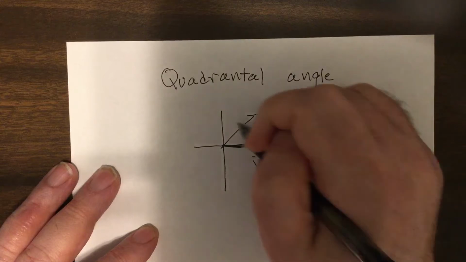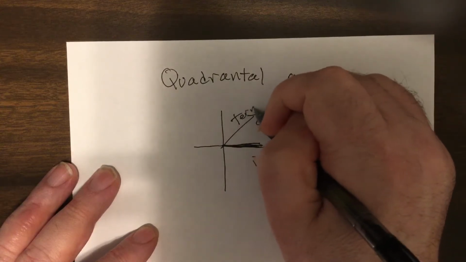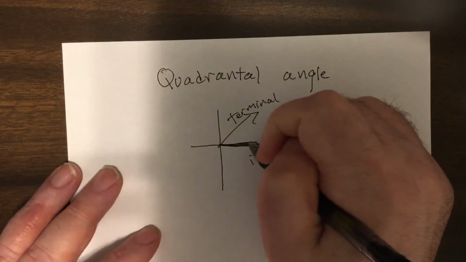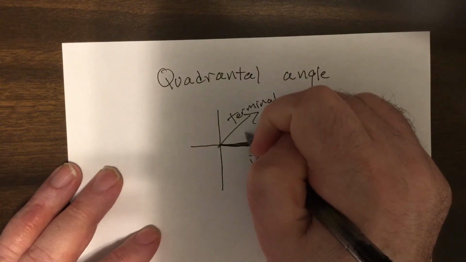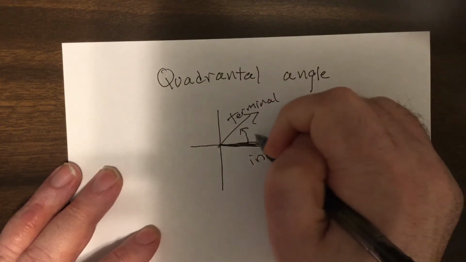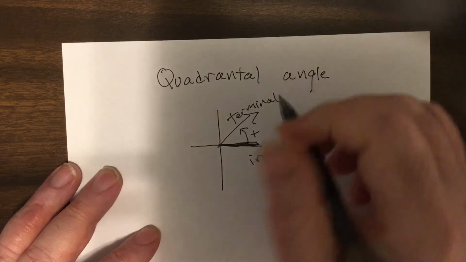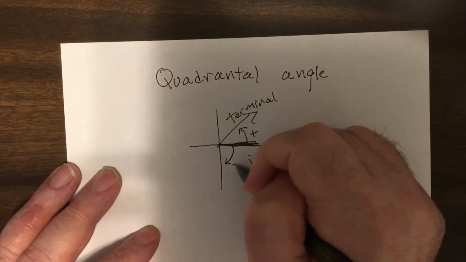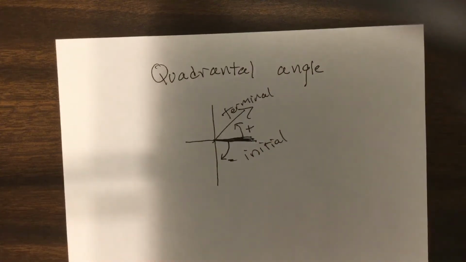It is called the terminal side. That's where it terminates. If you measure starting at the initial side and going that way, that's the positive direction. If you start at the initial side and go this way, that's the negative direction.